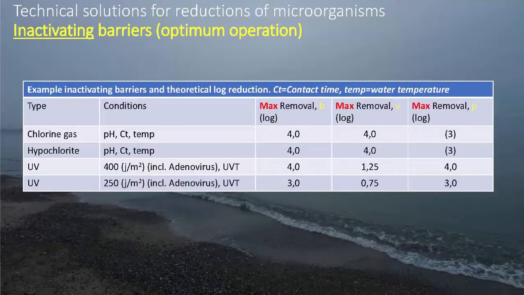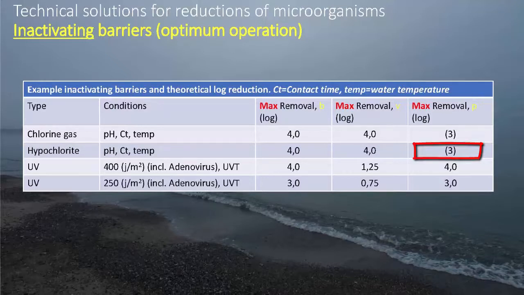With the optimum pH, contact time, and temperature, you will have with hypochlorite a max removal of log 4 for bacteria, a max removal of viruses of log 4, and finally a max log removal of 3 for parasites. With parasites you have to be very careful, because chlorine is difficult here because of the hard shell many times on the parasites.